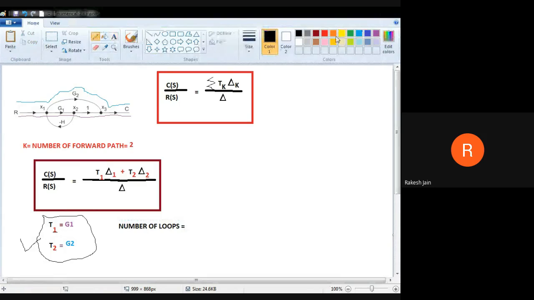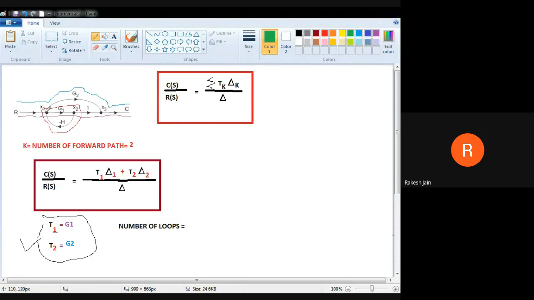So number of loops. Once again I repeat, what is the meaning of a loop? A loop is a closed path with no repetition of branch and no repetition of node. With this red color I draw the first loop. I start, and on the basis of the direction of the minus h gain, I again reach the start, a closed path.